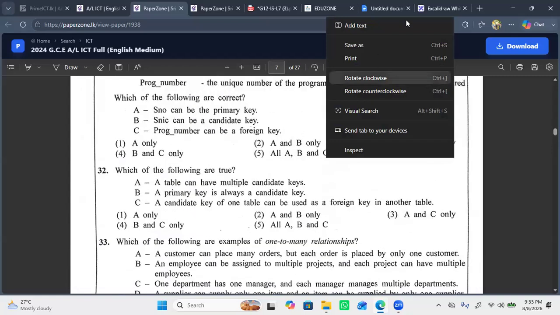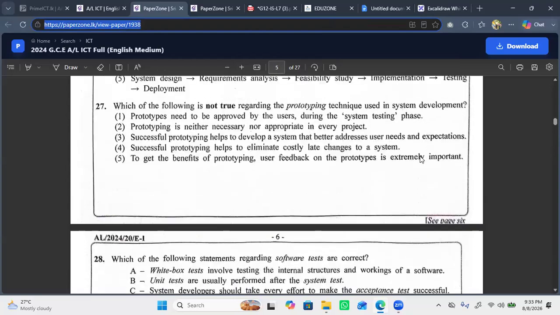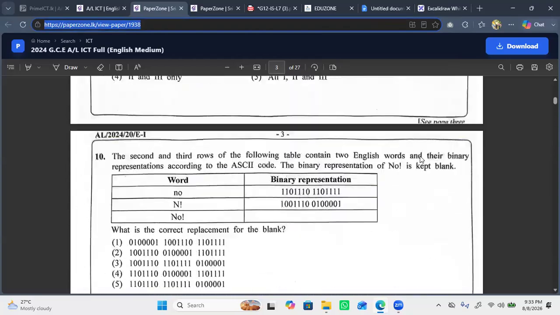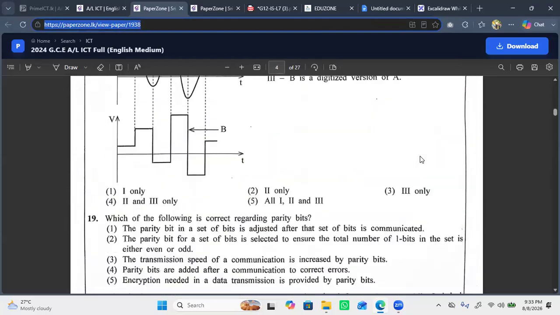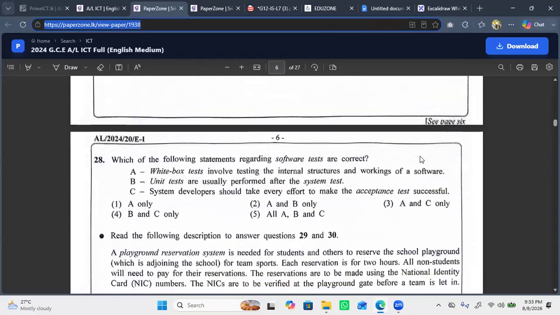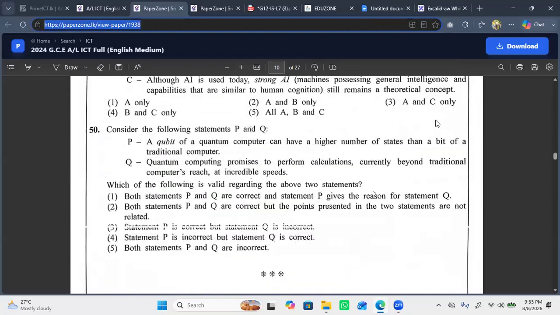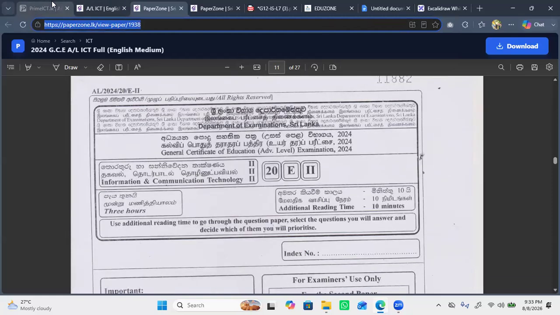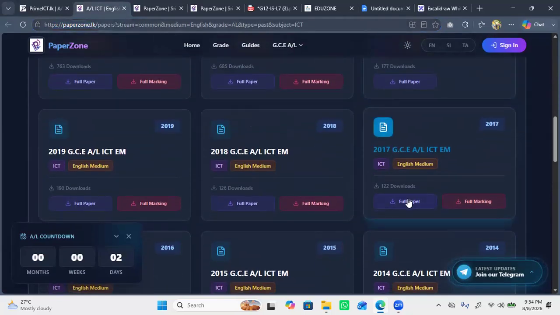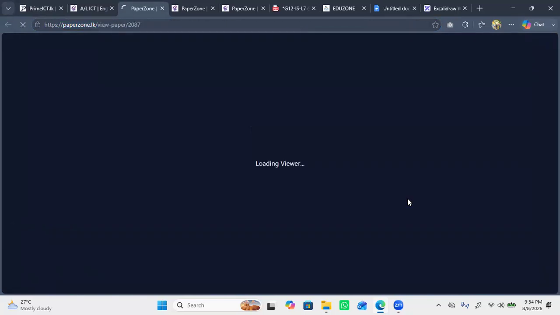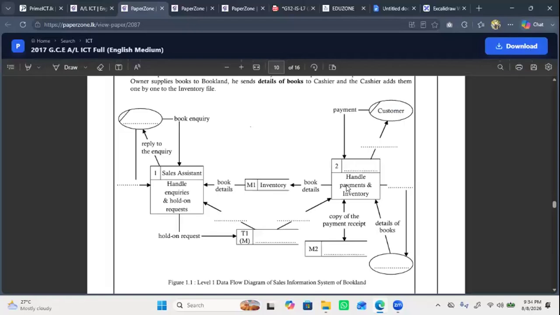No questions in this paper. Let me check the 2017 paper and the 2022 paper also.